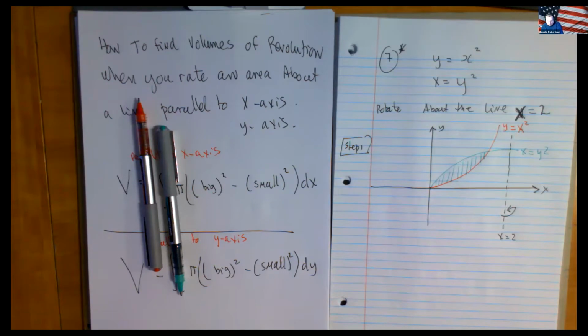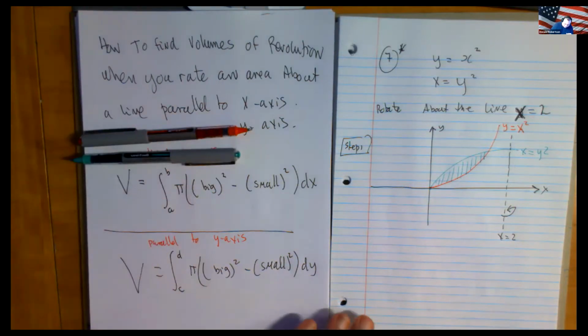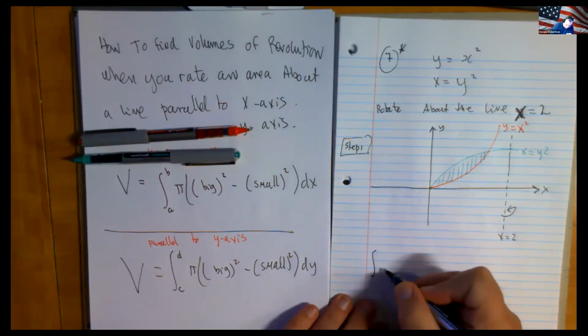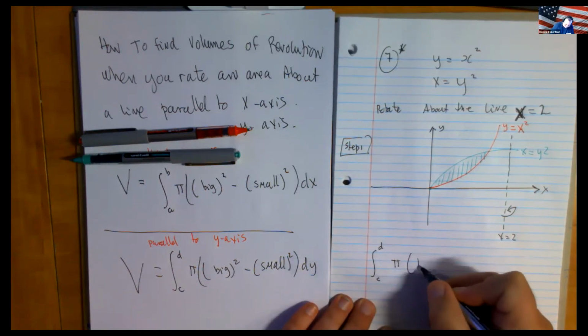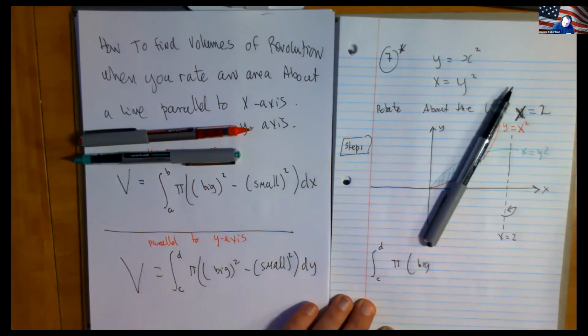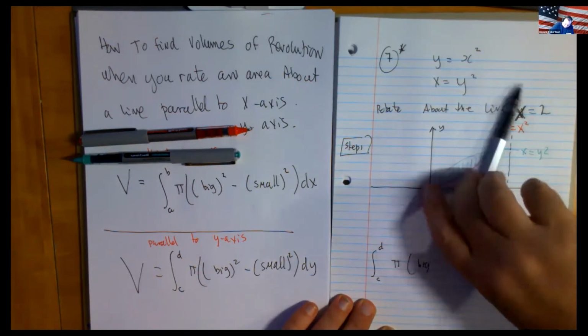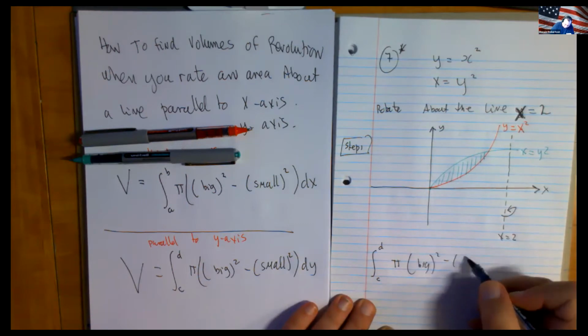Agreed? Now, the formula for rotating about a y-axis is the integral from c to d of pi, the big radius squared, take away small radius squared.